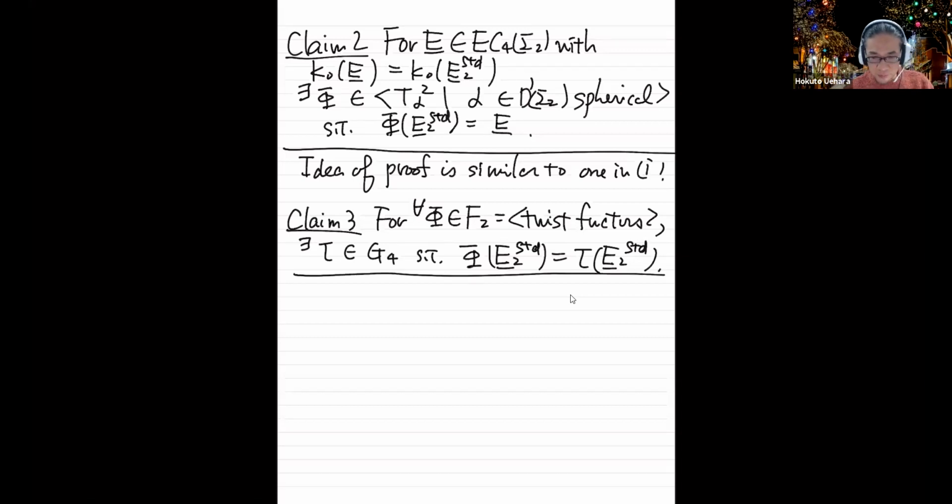And in this case, basically mutation and twist functor commute, autoequivalences commute. So it's enough to check when phi is a generator of F2, namely T OC or OC minus 1.